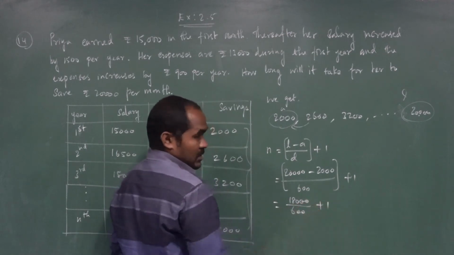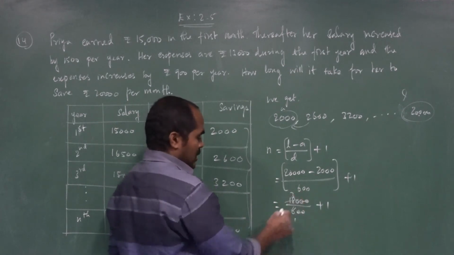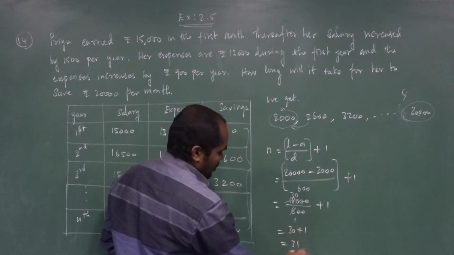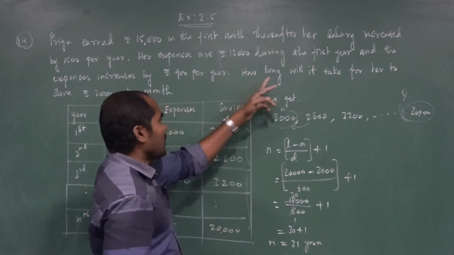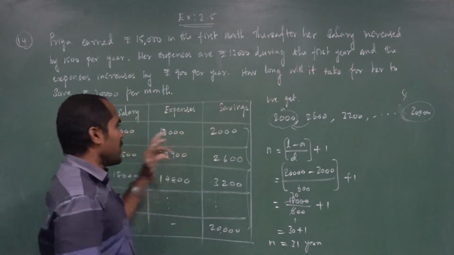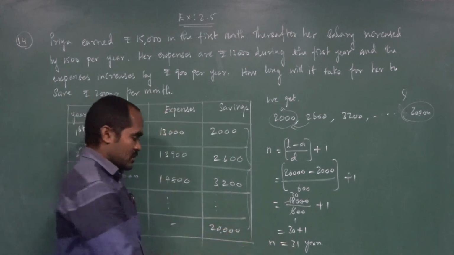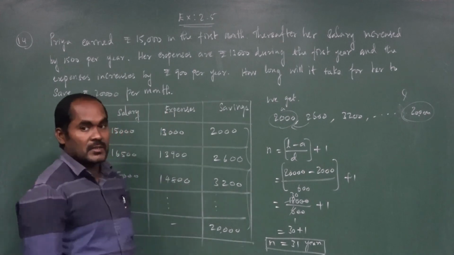Zeros cancel, 6 3s are 18, it is 30. 30 plus 1 we get 31 years. So how long will it take for her to save 20,000 per month? 31 years. So our final answer is 31 years.